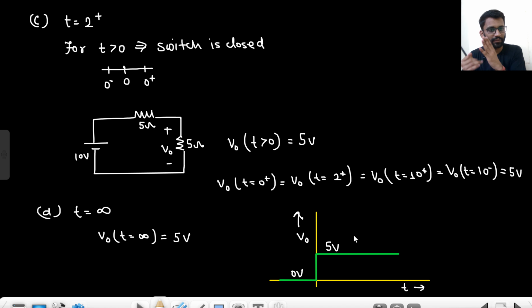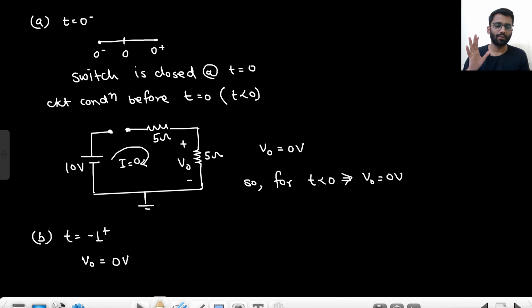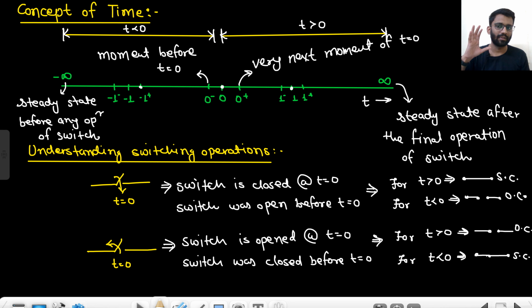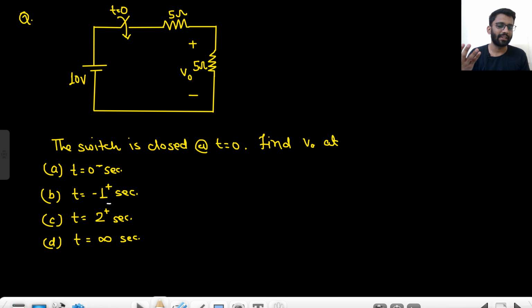In case of a resistor, we immediately get to a certain voltage. We will see examples of capacitors, but I took this example only to give you the concept of time. The switch is getting closed, we are getting a certain value. When it is opening, we are getting a certain value, right?